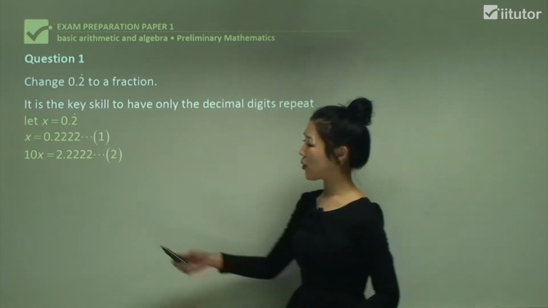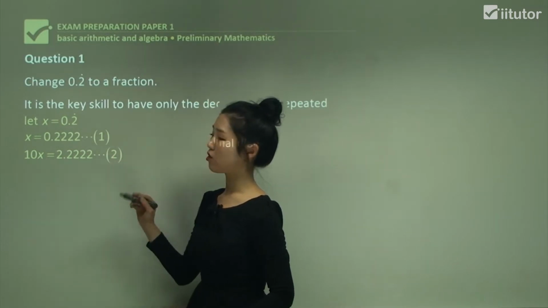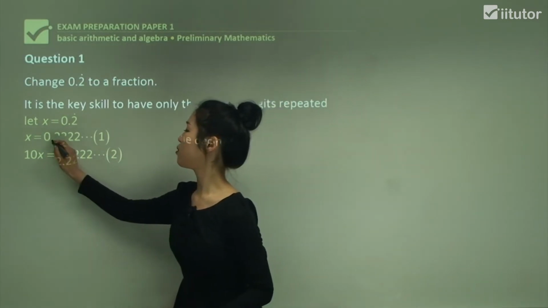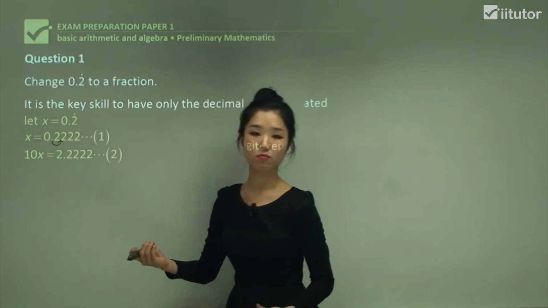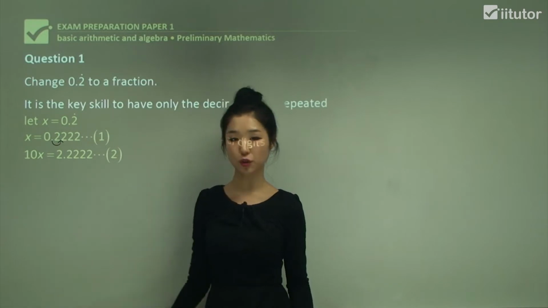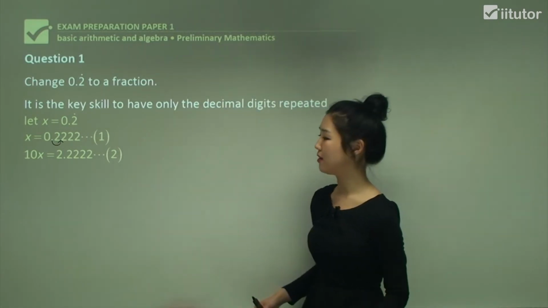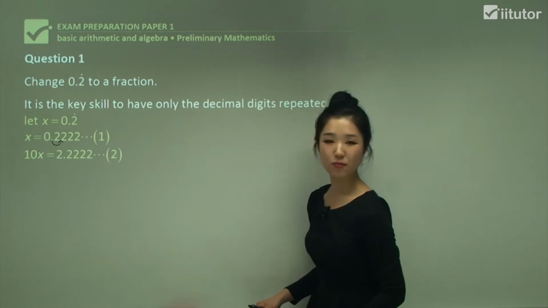This will become 10x, and all I need to do when multiplying by 10 is move the decimal 1 position to the right. So I have 2.22222. This is just some obvious stuff, but I'm showing you that I'm multiplying by 10.